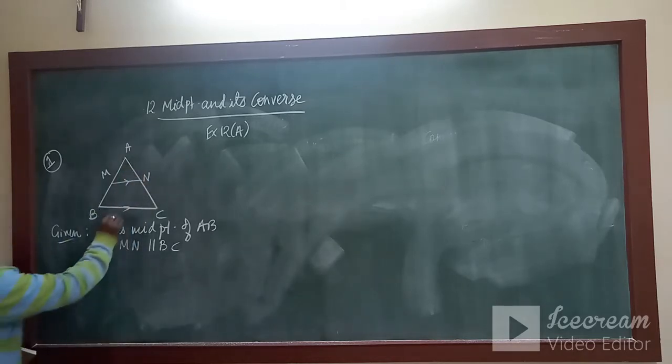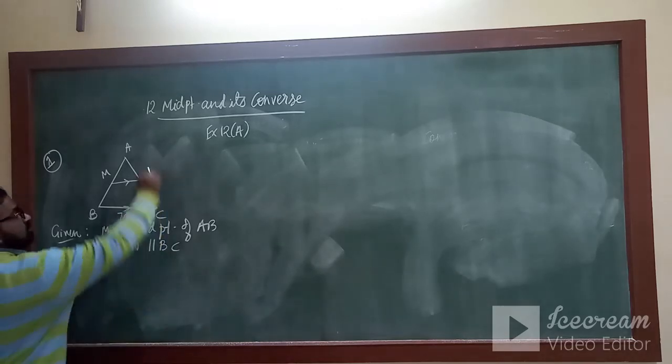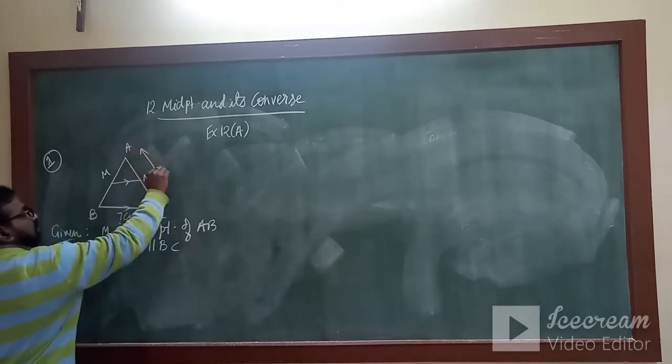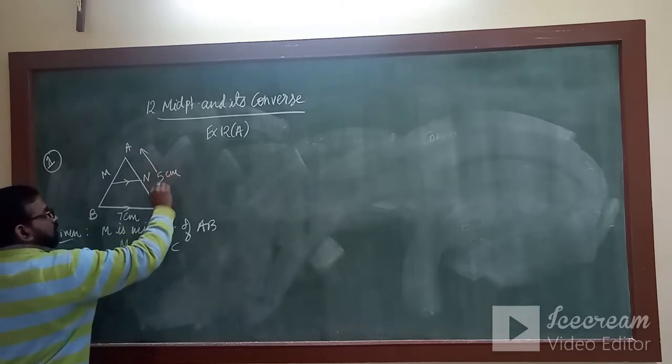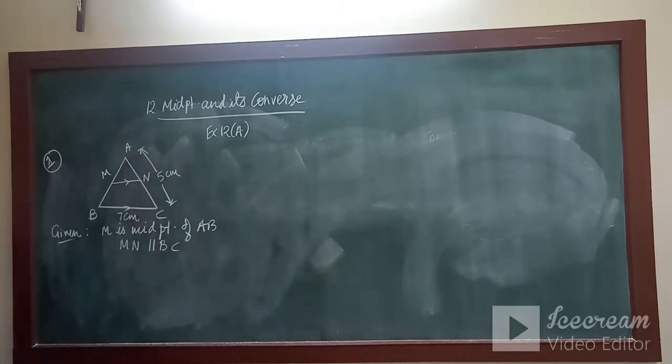If BC is 7 cm, so this is given as 7 cm, and AC is 5 cm. Okay, so just now we have discussed the midpoint theorem and converse of the midpoint theorem. So in that case, what we will use?